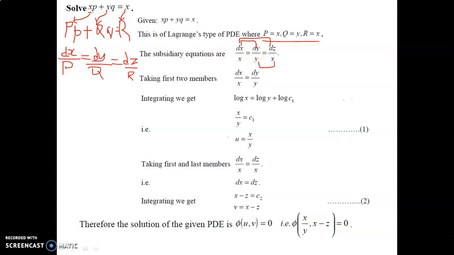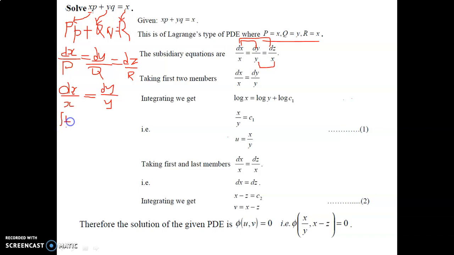I am going to take the first one, dx by x equal to dy by y. After taking this equation, I integrate on both sides.